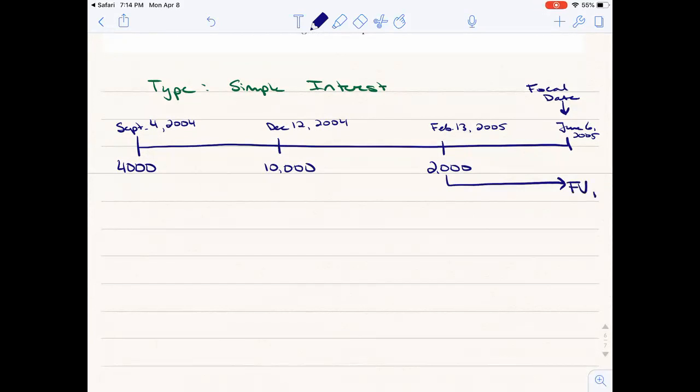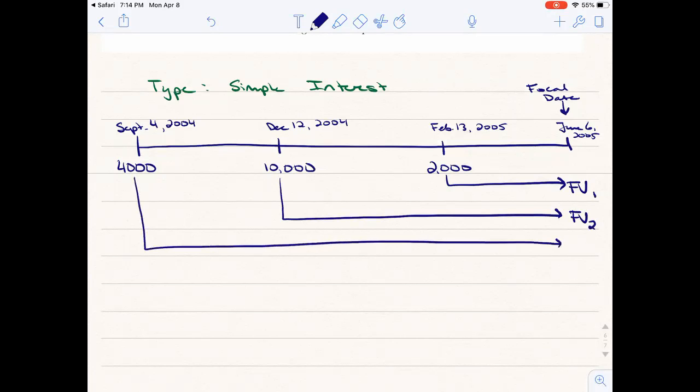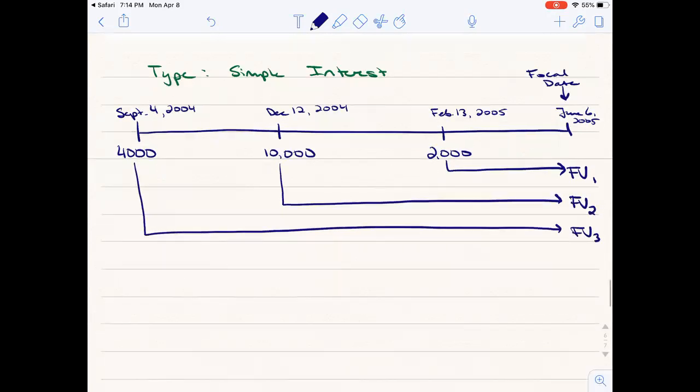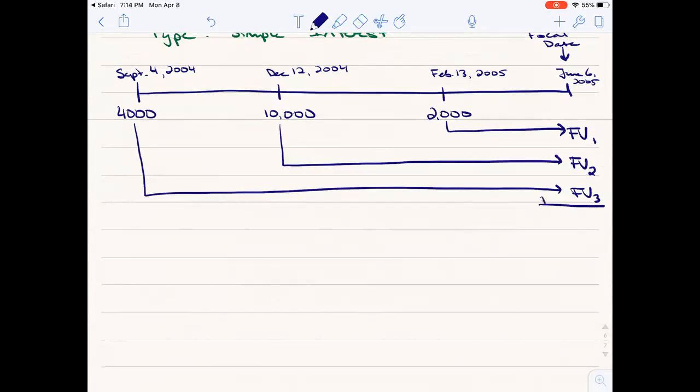And because I'll be calculating 3 of them, I'll denote future value 1, future value 2, future value 3. So the total of those future values is going to be the total owing on June 6th.